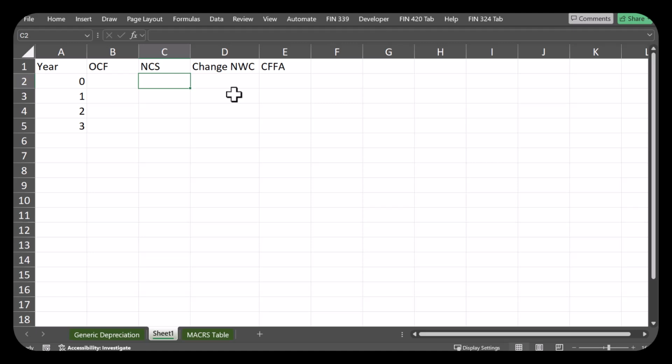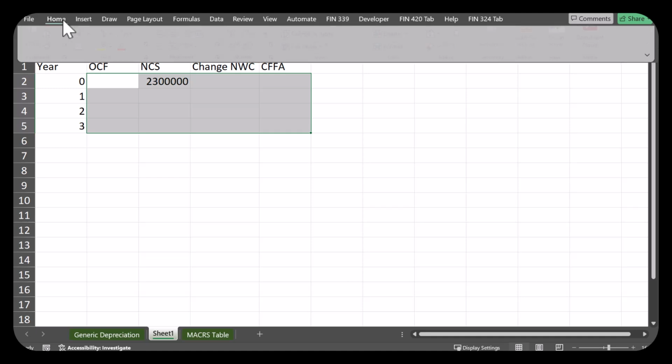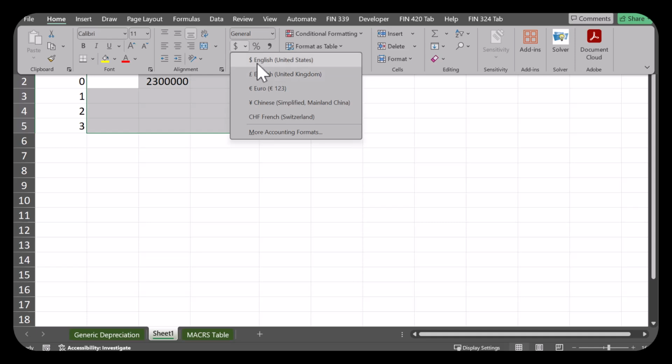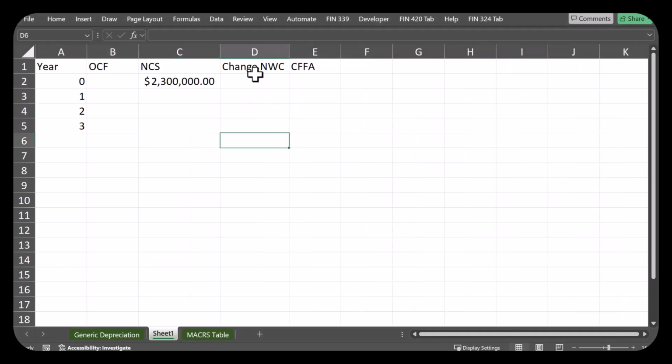Net capital spending is 2,300. Let's make all of these dollar format. Change in net working capital is 186,000.